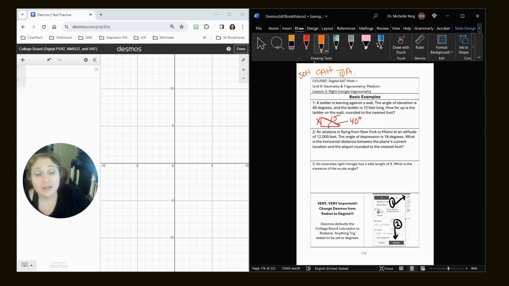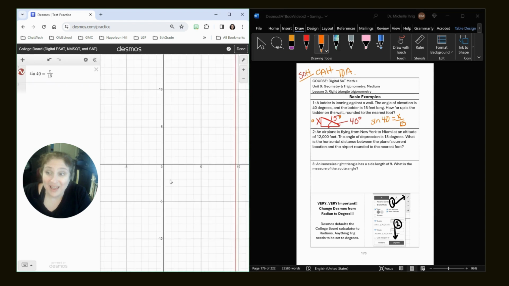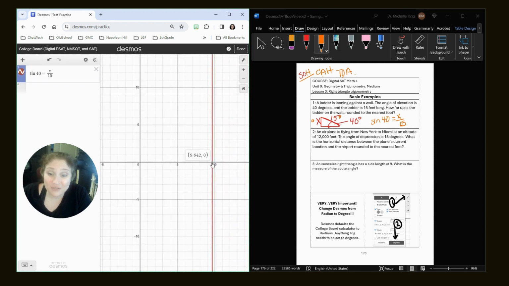If this is my angle, this is my opposite, and this is my hypotenuse, so I'm going to use sine. So I've got the sine of 40 equals x over 15. So all we do is we go over here. The sine of 40 equals x divided by 15. And it solves it for you. Rounded to the nearest foot, 9.6 rounds to 10 feet.